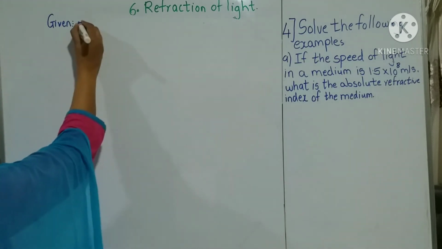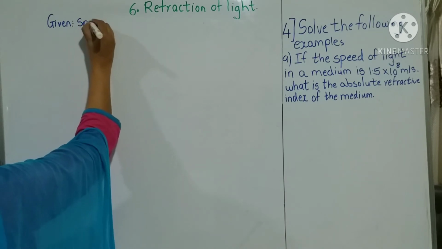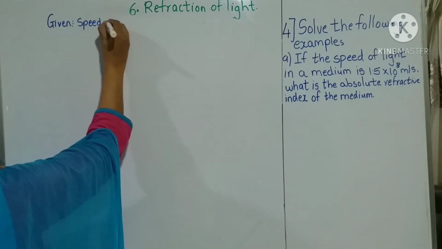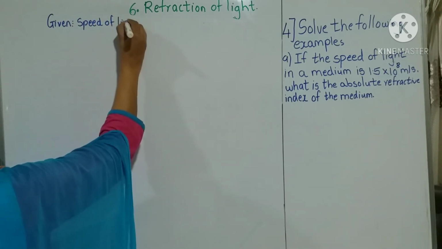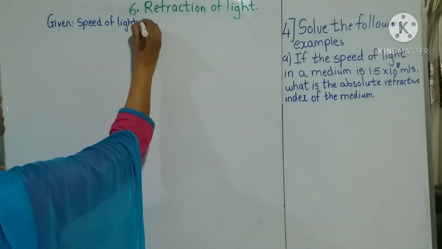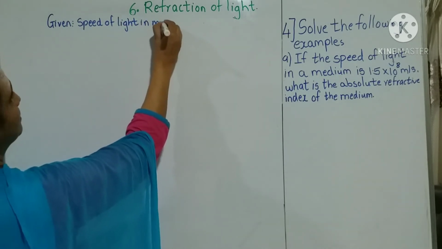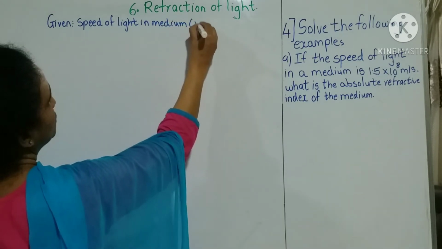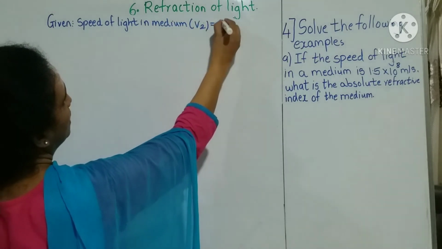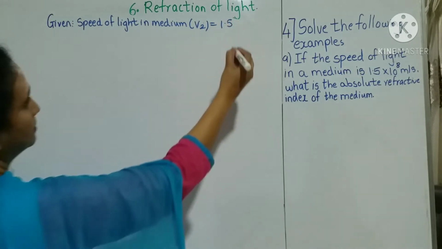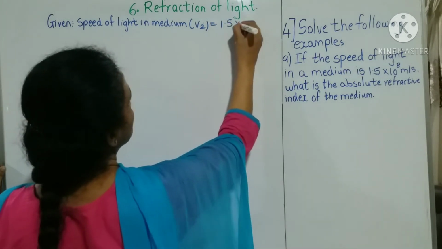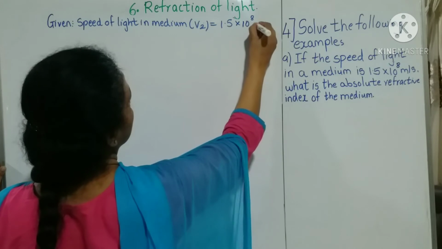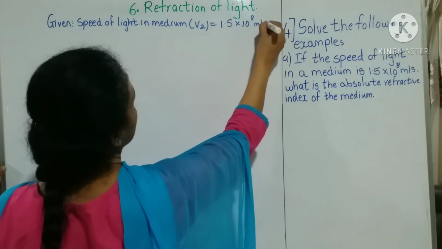So we'll write that speed of light in medium, that is V2, is equal to 1.5 into 10 raised to 8 meter per second.